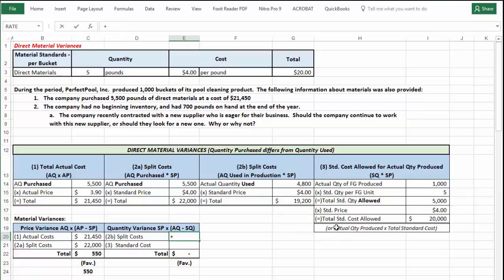So $19,200 compared to $20,000 yields a variance of $800, and we could verify this variance by typing in a formula basically saying standard price of $4 multiplied by the difference between the actual quantity used, 4,800 pounds, and the standard pounds that we were allowed to use of 5,000 for actual production.